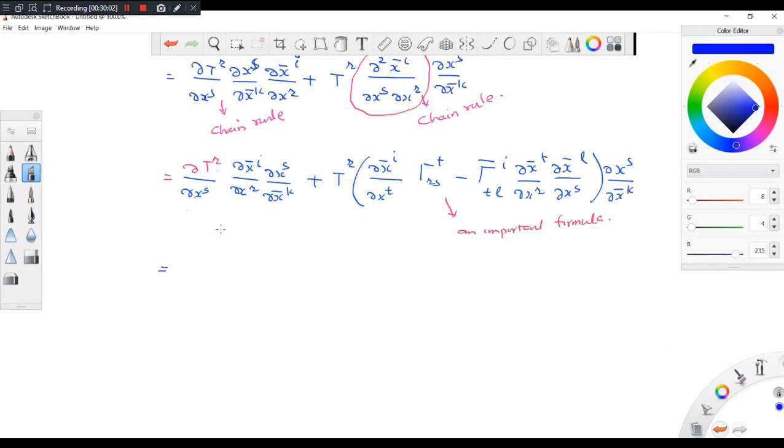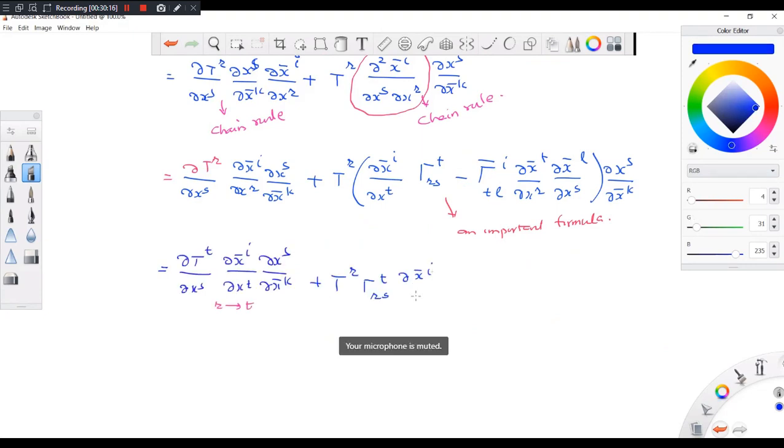Okay. Then plus TR gamma TRS. Okay. Then del x bar I by del xt, del xs by del x bar k. Now you will understand why I changed it, because this and this are the same term.